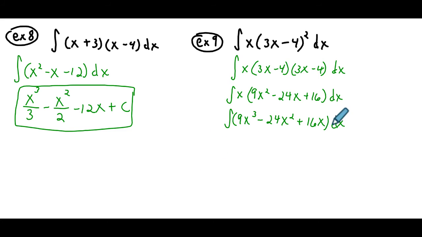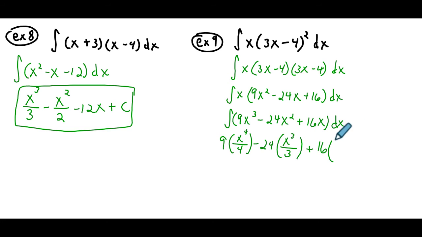And so now it's in the form where I can use my power rule and I can find the integral of this. So the constant comes out, add 1 to my exponent, divide by my new exponent. Constant comes out, add 1 to my 2, which gives me a new exponent, a 3, so I must divide by 3.